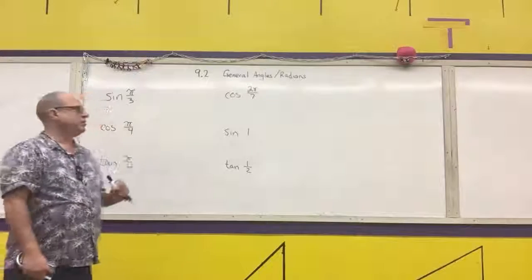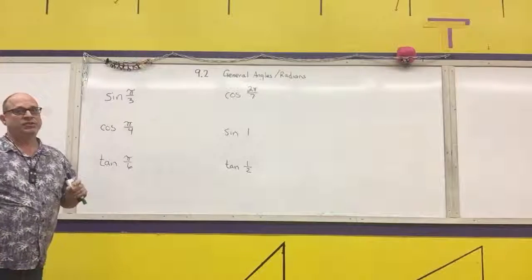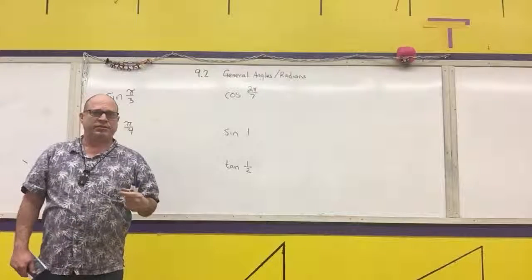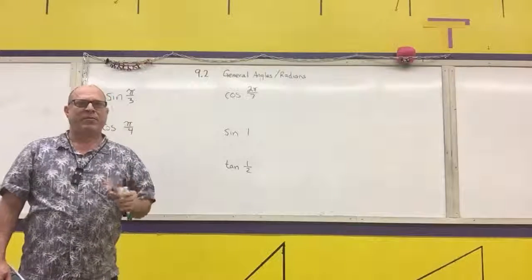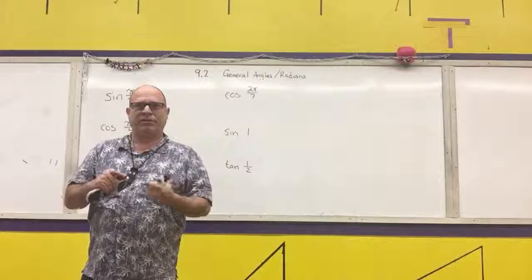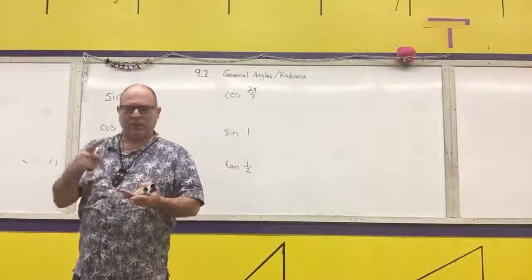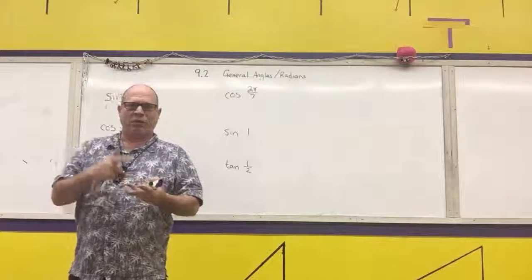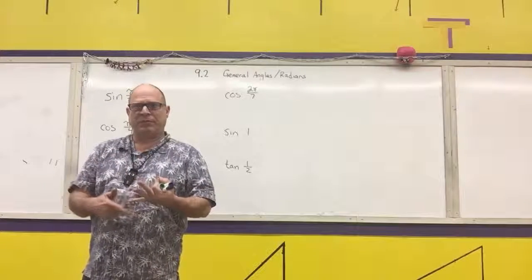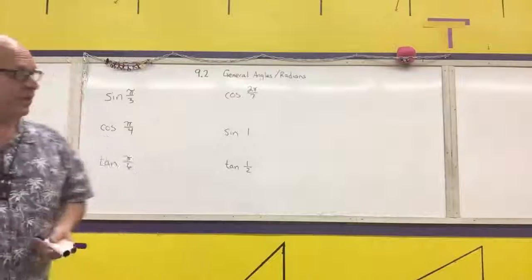So to evaluate trig functions with radians, the first thing that we want to understand is that you need to have memorized any of our trig functions that are whole multiples of pi, half multiples of pi, quarter multiples of pi, third multiples of pi, or sixth multiples of pi.